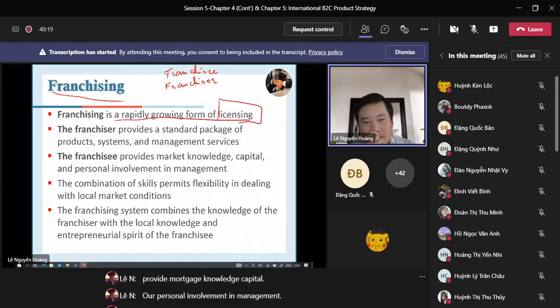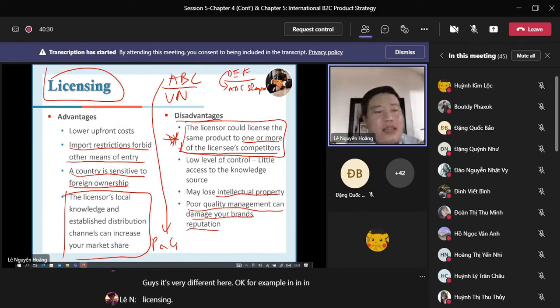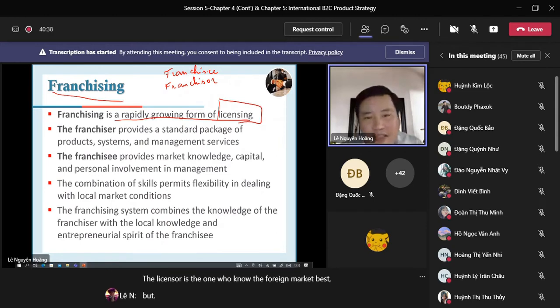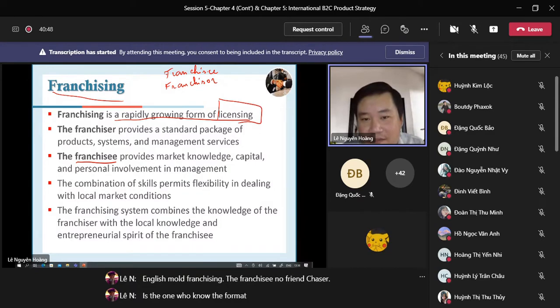So you see the difference here? Guys, you see the difference here? For example, in licensing, the licensor is the one who knows the foreign market best. But in this mode, franchising, the franchisee, not the franchisor, is the one who knows the foreign market best.